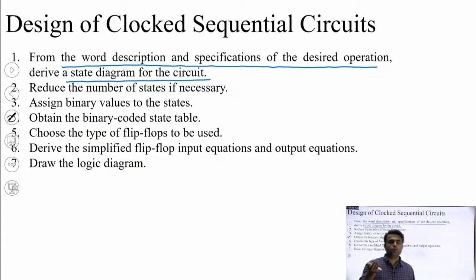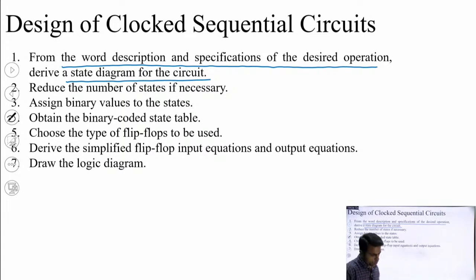The only thing is that the output can be independent of the input, which will be categorized as Mealy machine and Moore machine. But in both Mealy and Moore, the state will always depend on the input. So we cannot say that the state is independent of the input. The state is dependent on the input, but the output can be independent, and depending on that it can be Mealy or Moore.